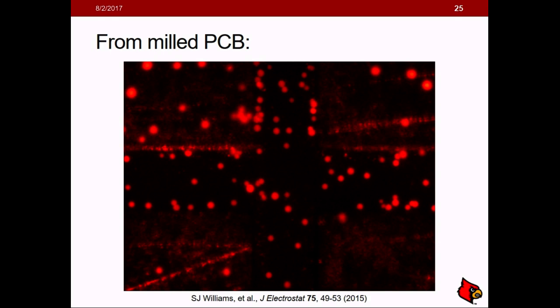So this is a quick example. Our group milled with a 100 micrometer end mill through a printed circuit board, a copper-clad circuit board. We made a quadrupole geometry, and when I activate the video, the field is applied later in the video, but you will see some pearl chaining.